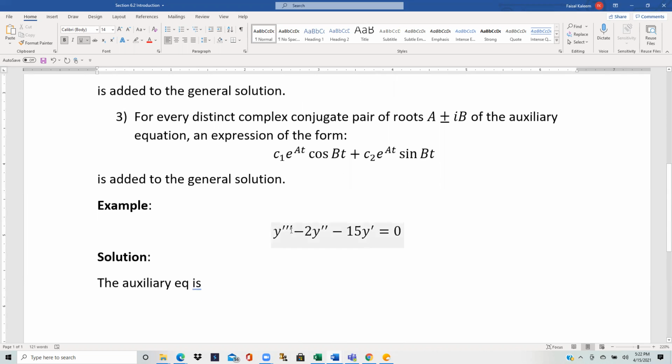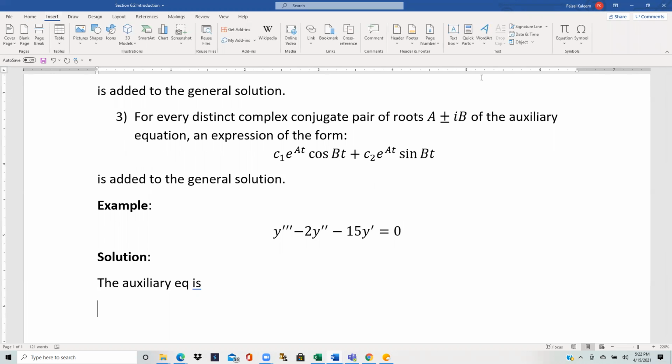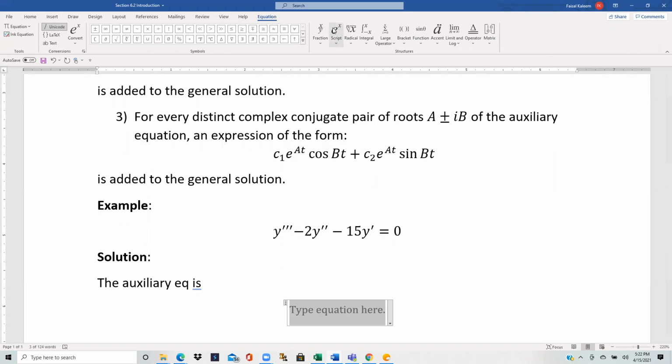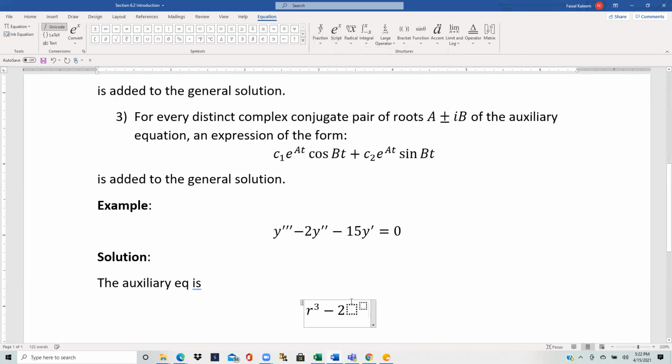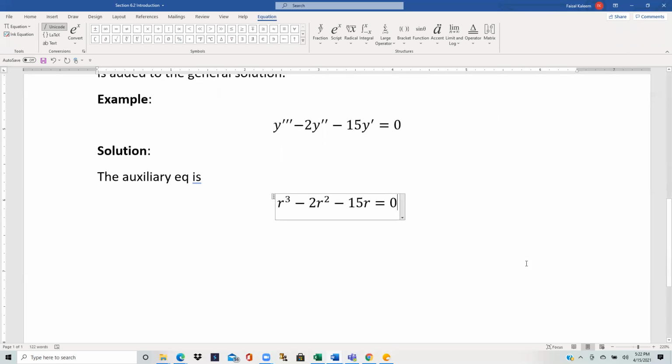So let's consider an example. We have this third order equation, and we first write the auxiliary equation as before. So r cubed minus 2r squared minus 15r is equal to 0. And here we can factor out an r.